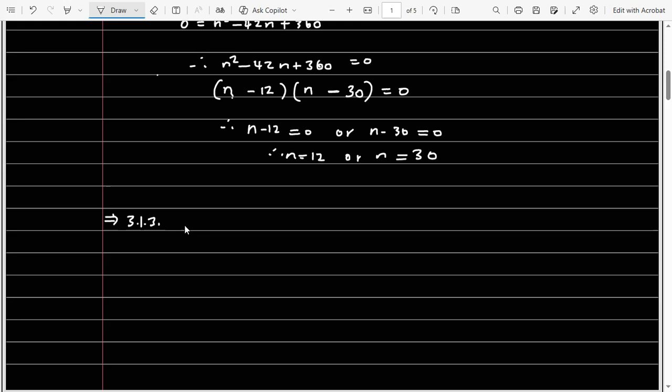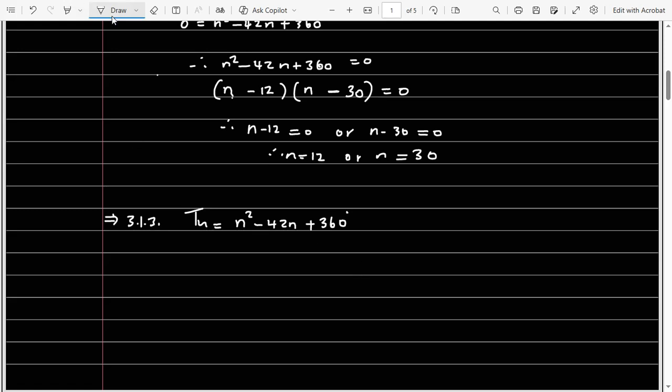So you are given n squared. We know that Tn, let me write this down, is the quadratic n squared minus 42n plus 360. Now which term has the lowest value?